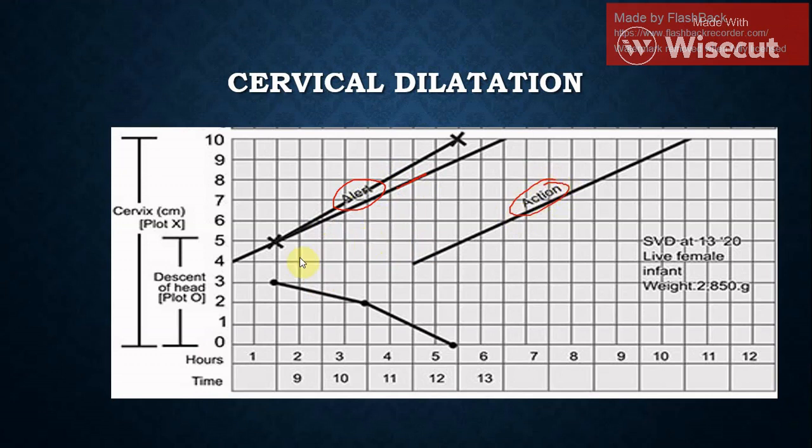So the alert line is drawn from 4 cm to 10 cm and represents the rate of cervical dilatation.